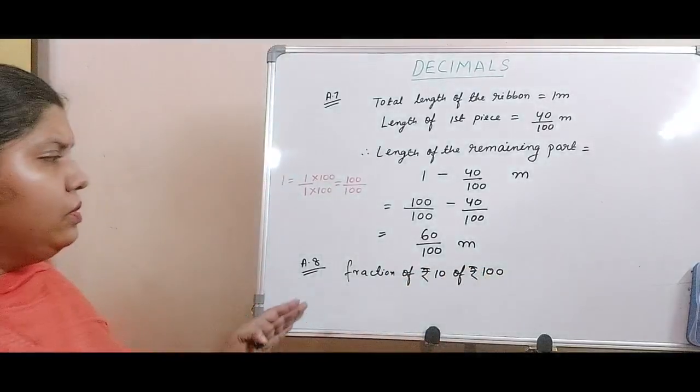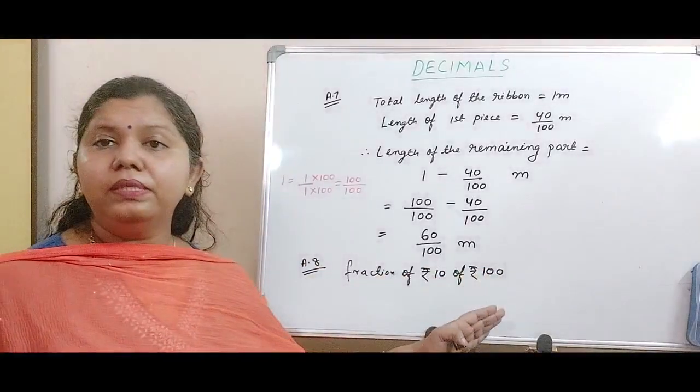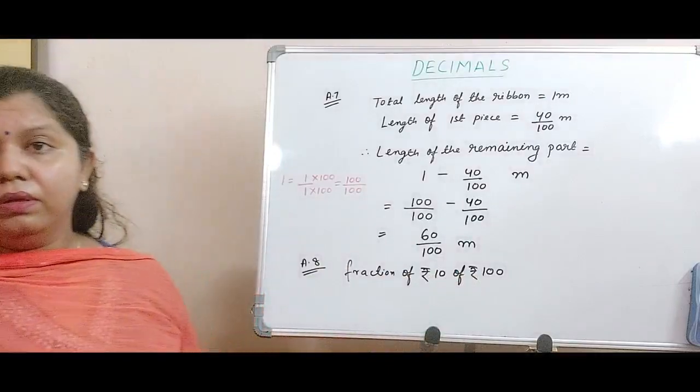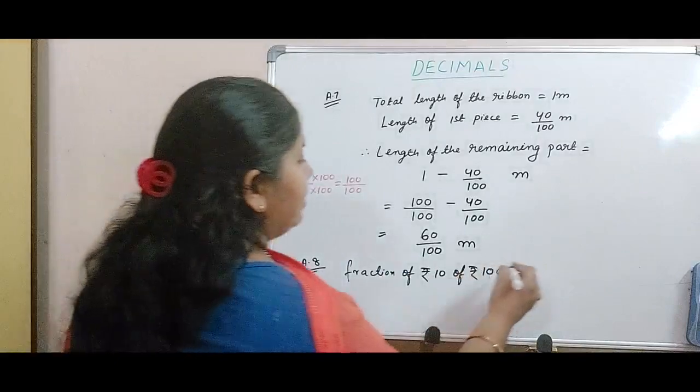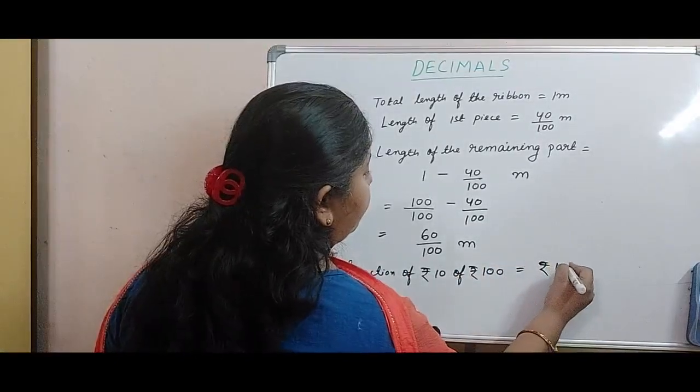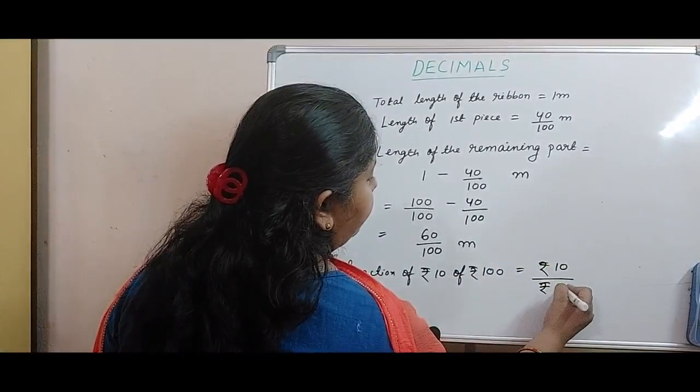So the fraction will be rupees 10 out of rupees 100.